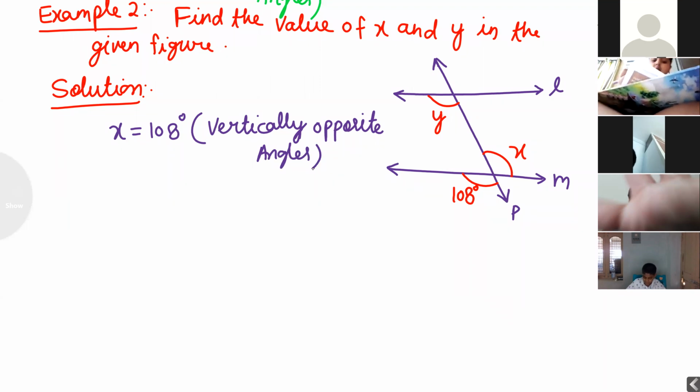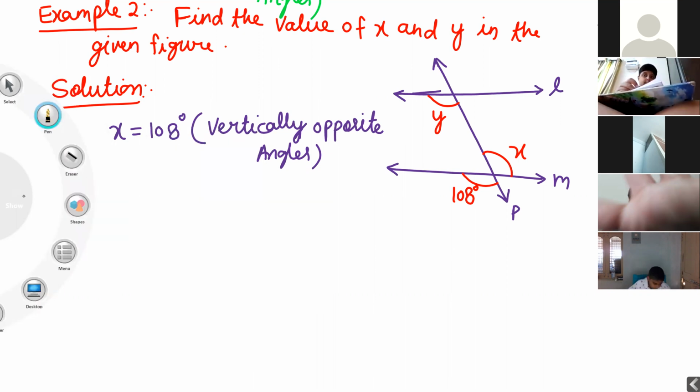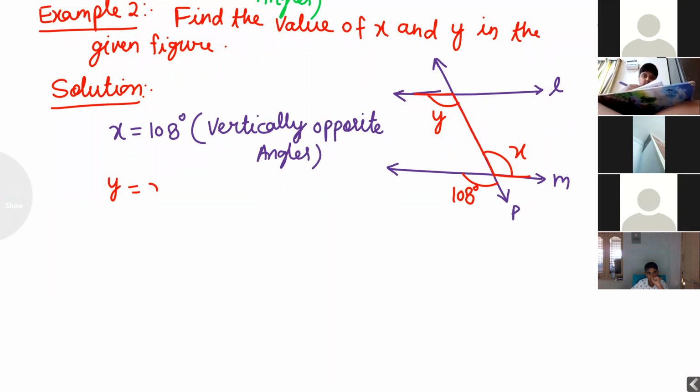Now how to find y? There are two ways. X and y both are forming a Z shape, or we can say 108 and y are corresponding angles. So y is equal to x is equal to 108 degree, alternate interior angles, Z shape.